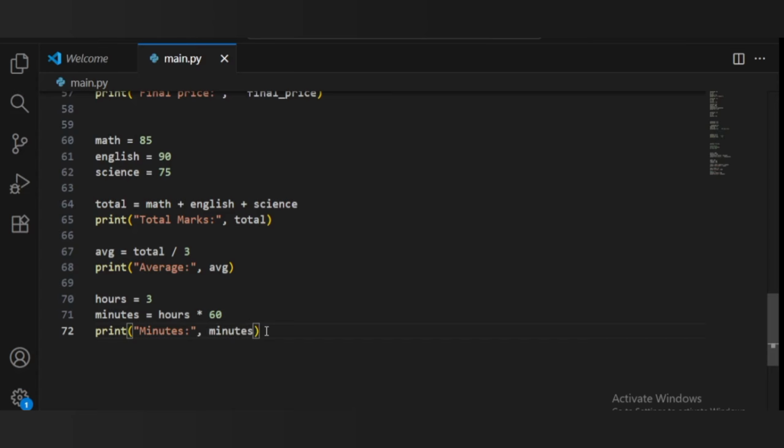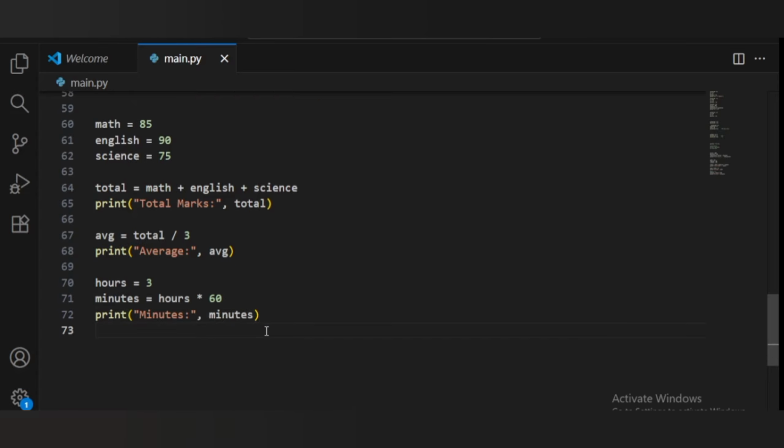So this is the example to convert hours to minutes.